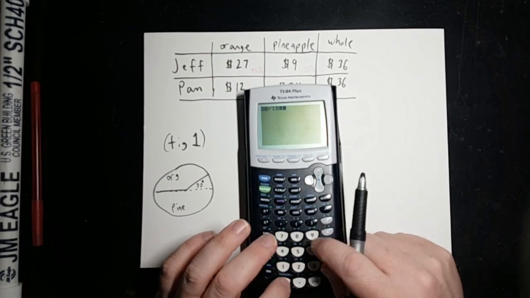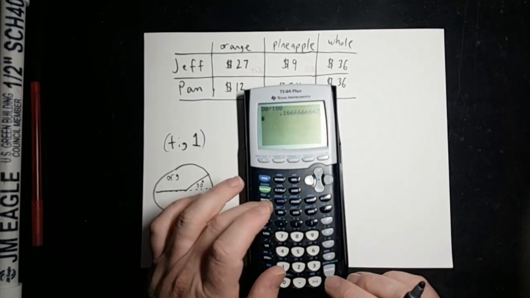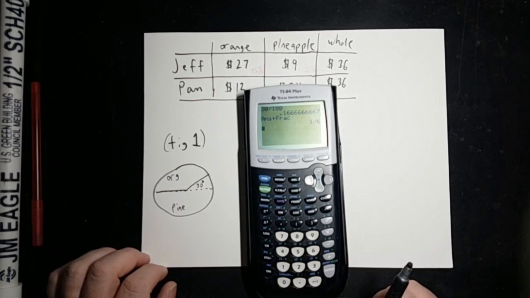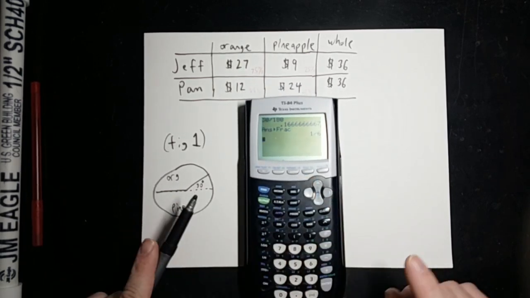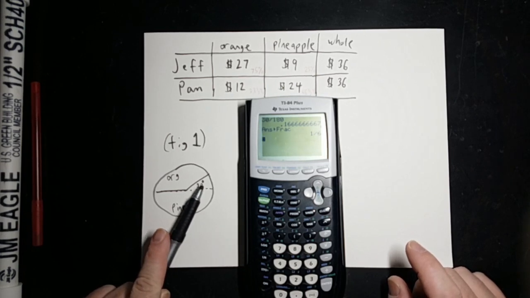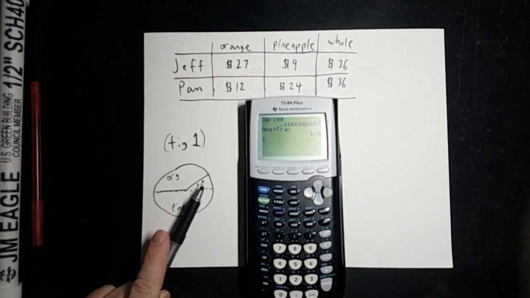If we do 30 divided by 180, that gives us the fraction 1 over 6, which means that this slice right here, that 30-degree orange slice, is 1/6 of what Jeff would value the orange half of that cake.